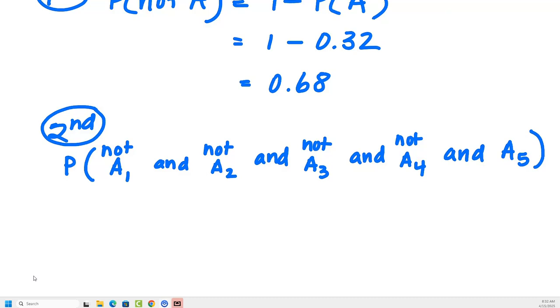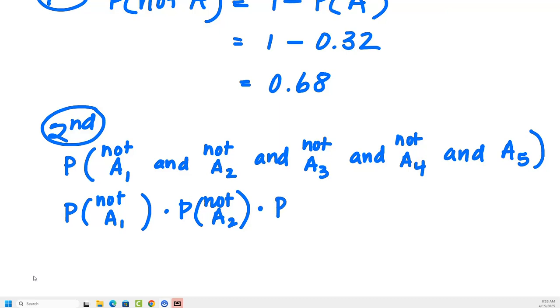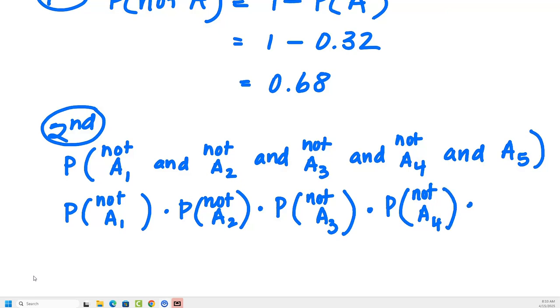Since they're independent events, I need the probability of not A1, multiplied by the probability of not A2, times the probability of not A3, times the probability of not A4, times the probability of A5.